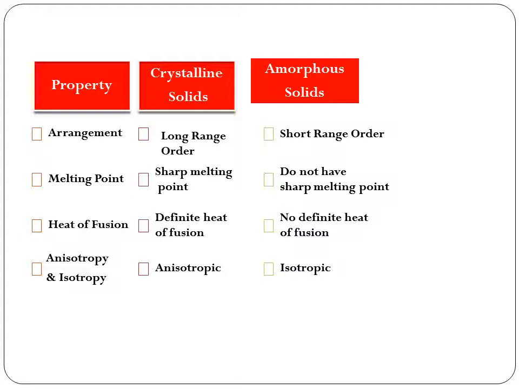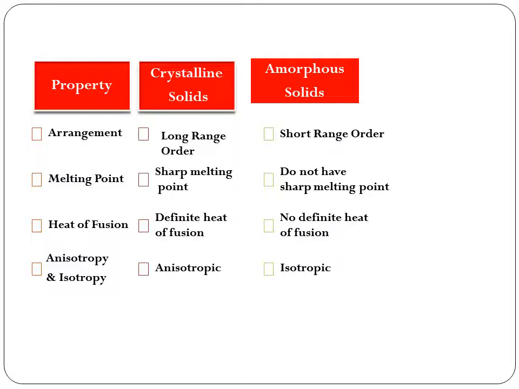However, understand, anisotropic means there are some physical properties like refractive index, melting point, and many such properties which, when measured in different axes, in different directions of a crystalline solid, give different values.